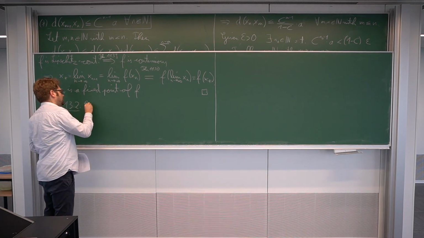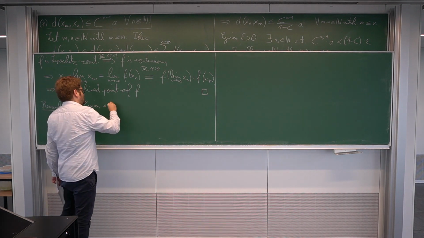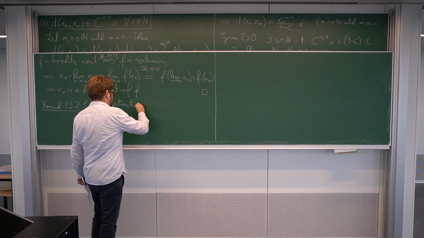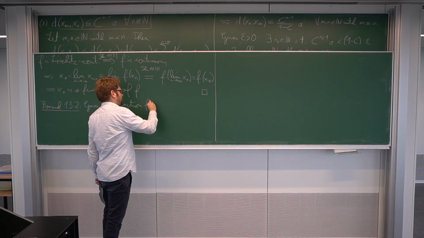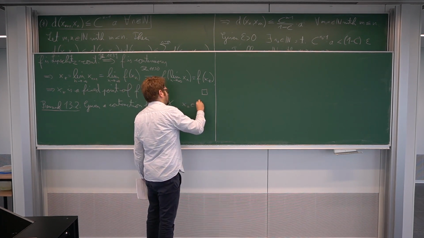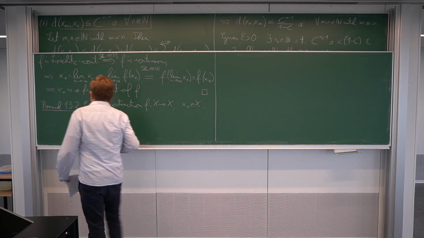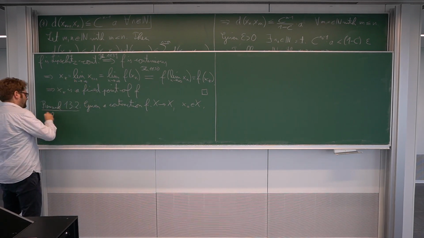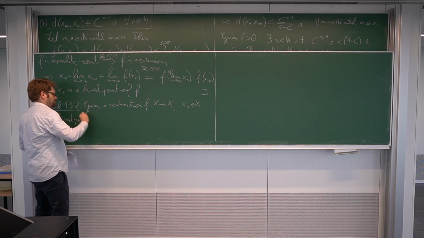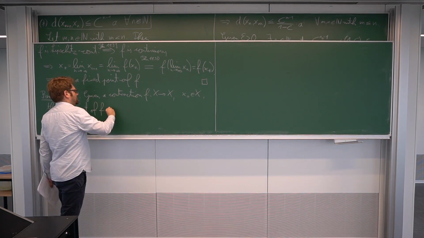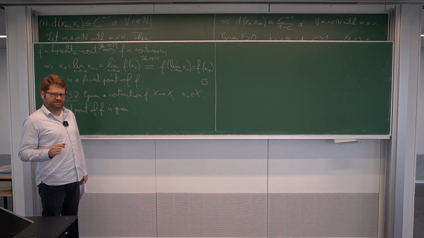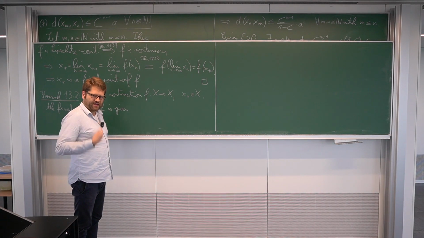Given a contraction, so Lipschitz continuous with Lipschitz constant smaller than 1, given a contraction f from X to X, and x0 in X arbitrary, the fixed point of f is given as follows. We have seen that we have this as the limit of a certain sequence, and the sequence was just given by iteratively applying f again and again and again.